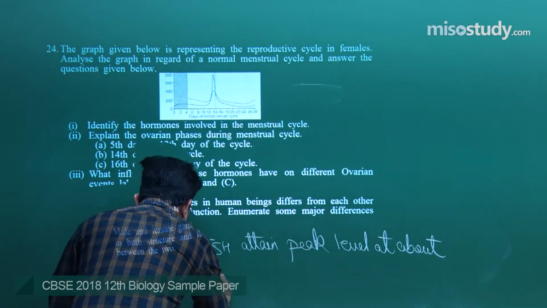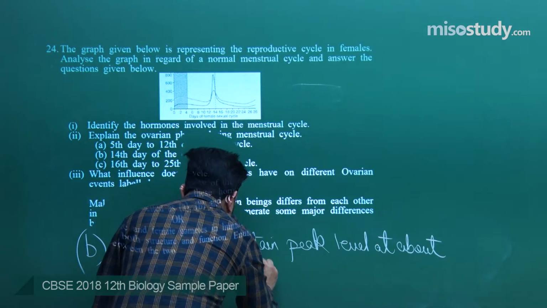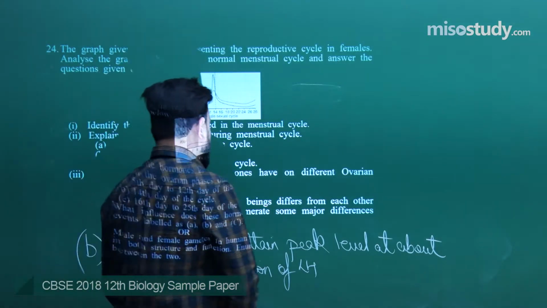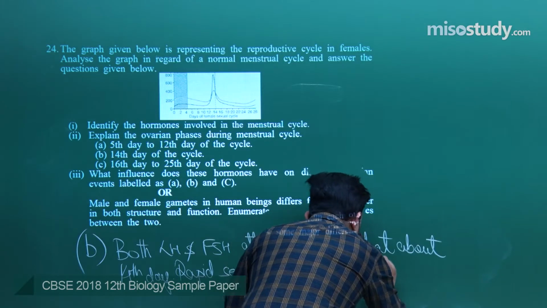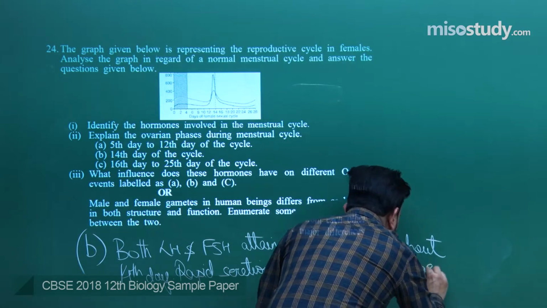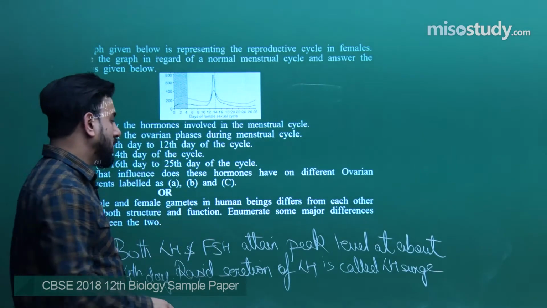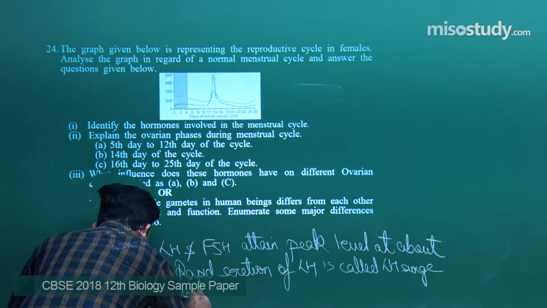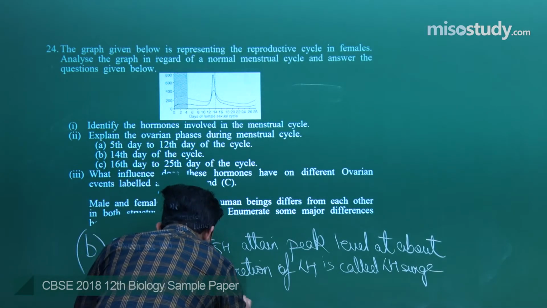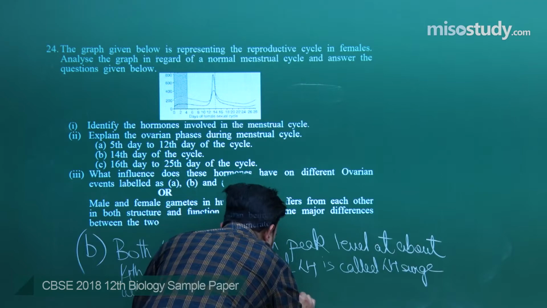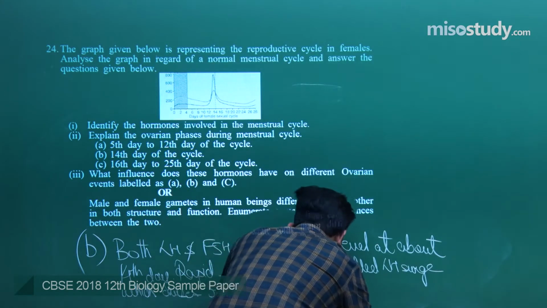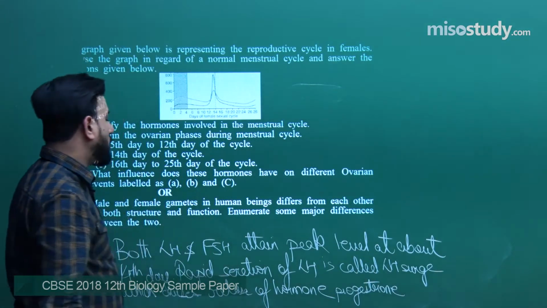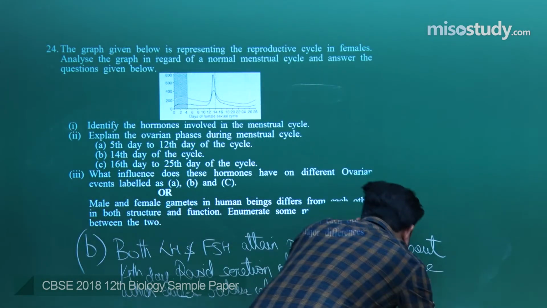Rapid secretion of LH is called LH surge, which causes release of the hormone progesterone from the Graafian follicle.